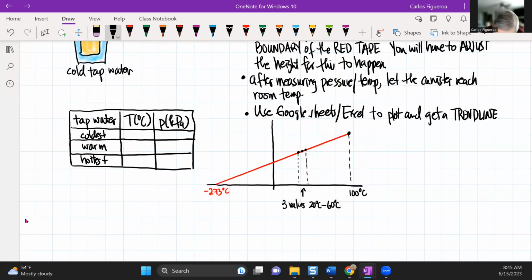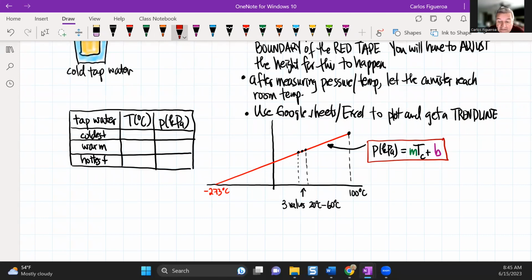When you get that trend line, you're going to see an equation that reads pressure in kilopascals as a function of the temperature in Celsius, and you're going to get a slope and an intercept. And that's what we want. We're after this equation here.